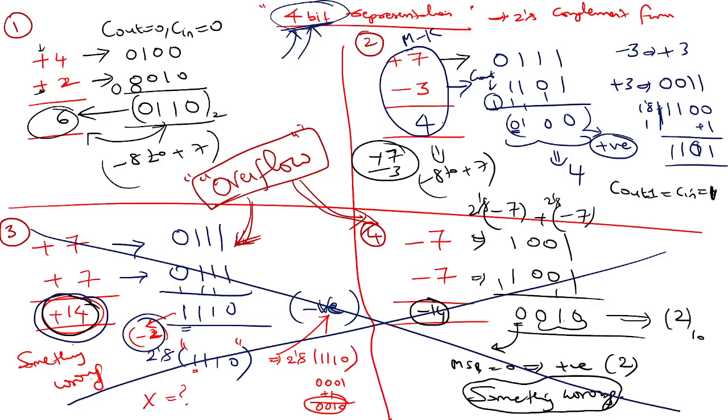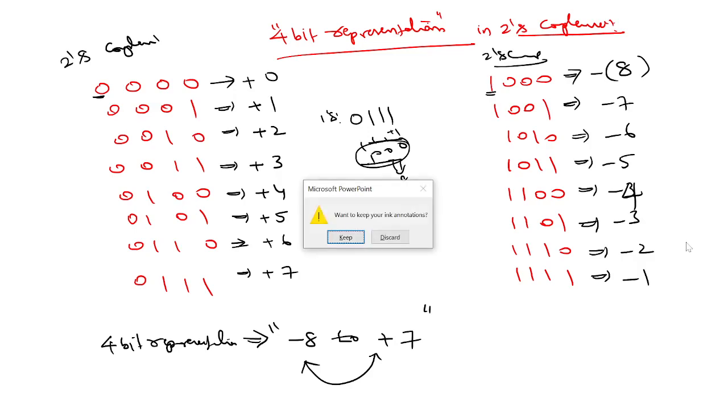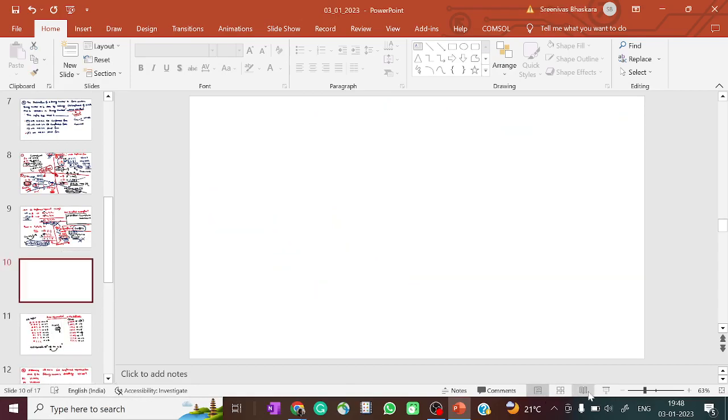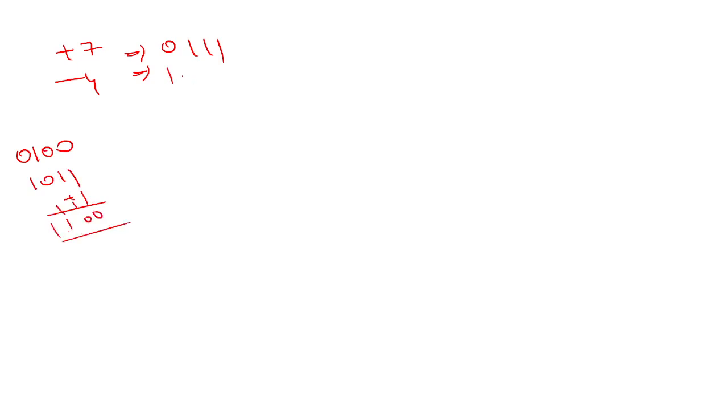So why am I saying this? See this typical example you take. We have already seen plus 7 and minus 4. Then 0, 1, 0, 0 is 4. And 1's complement is 1, 0, 1, 1, plus 1. I am adding these two.